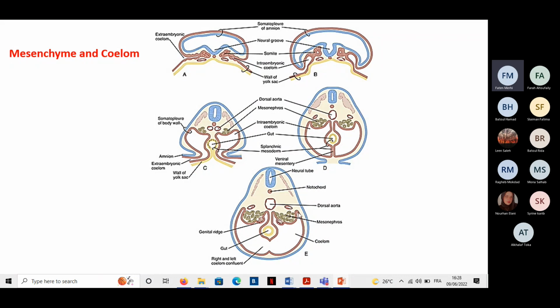The lining of those ridges here is formed from the coelomic epithelium. So the inside of the ridge is composed of mesenchymal tissue, from mesenchyma, and the lining of this ridge is composed of coelomic epithelium. Did you understand this?